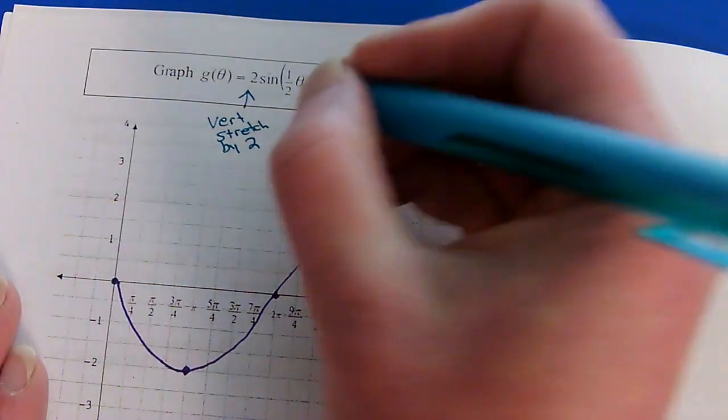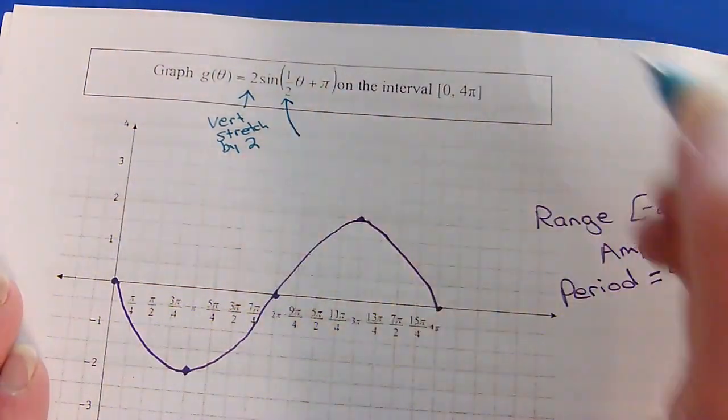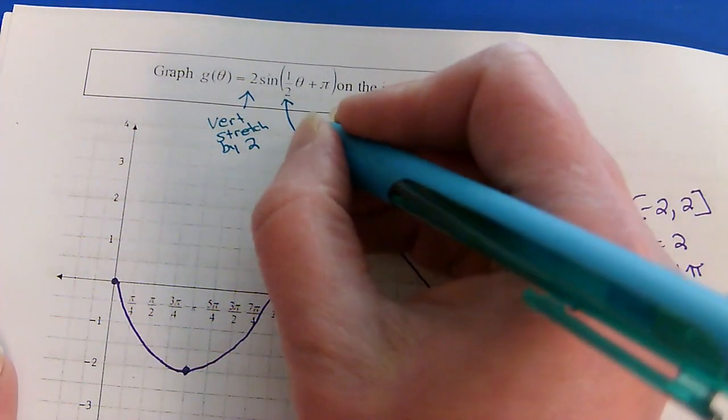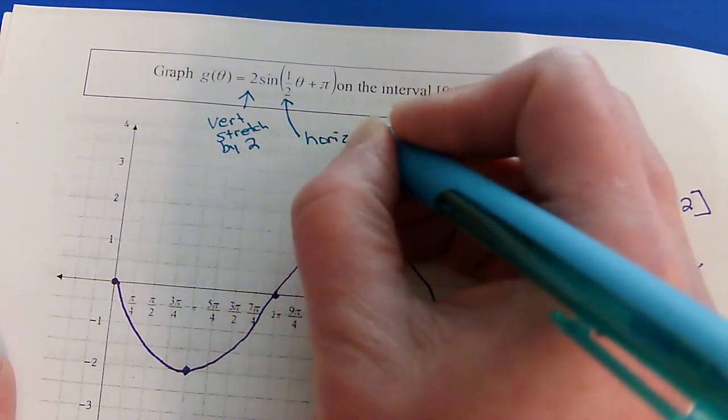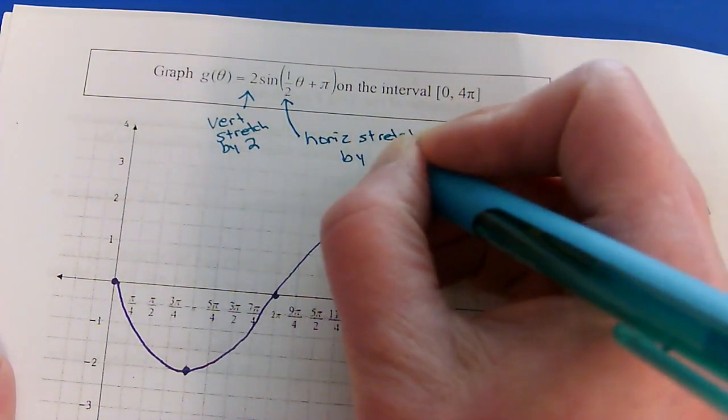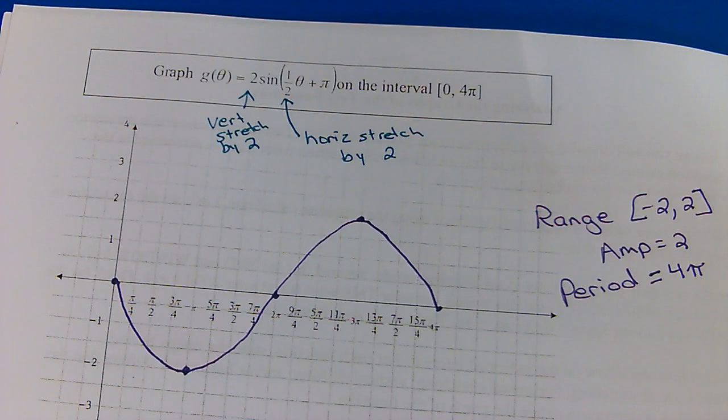Okay. The 1/2 in front does the opposite. This is a horizontal stretch by 2. So the period went from 2 pi to 4 pi. But this shift that I see going on, it's sort of like the whole graph is shifted by 2 pi. So I'm wondering how that works.